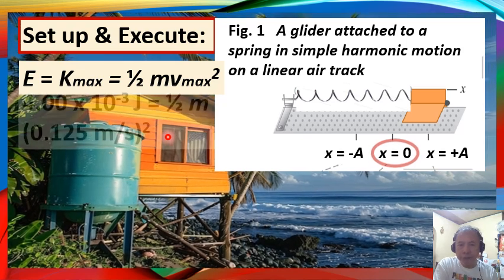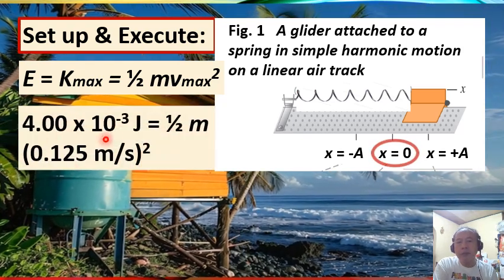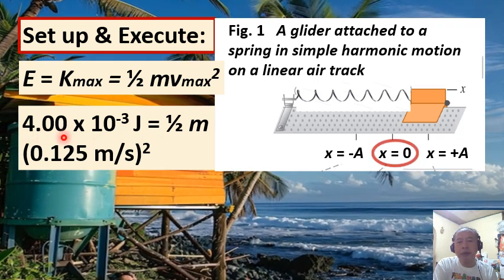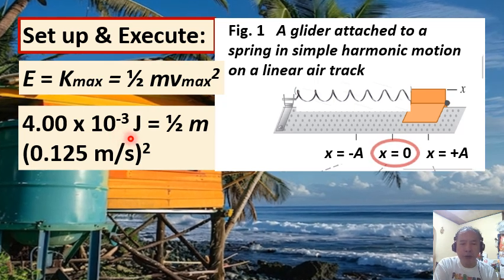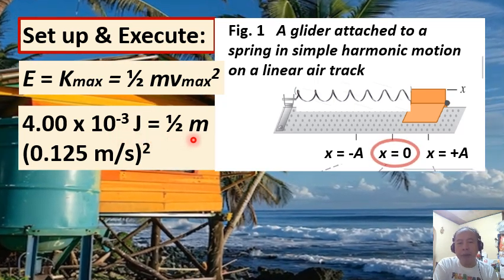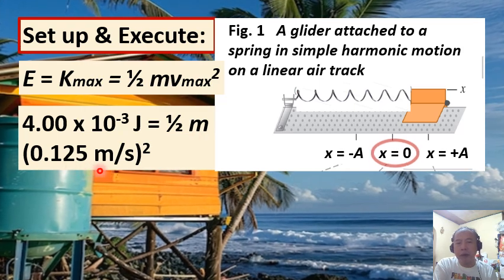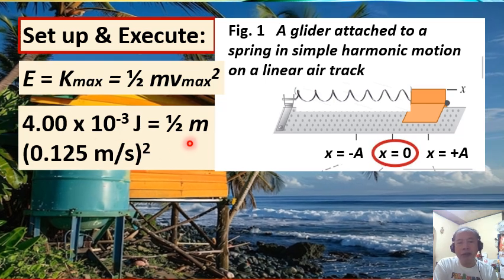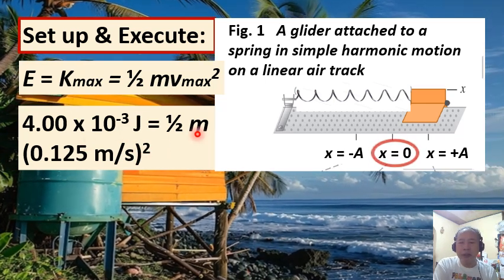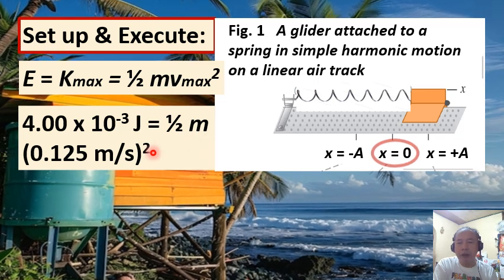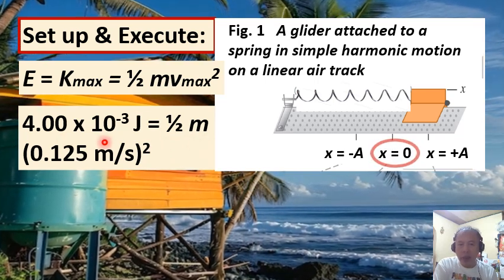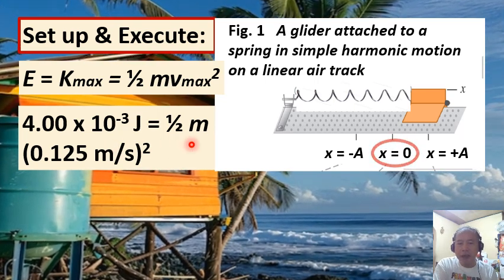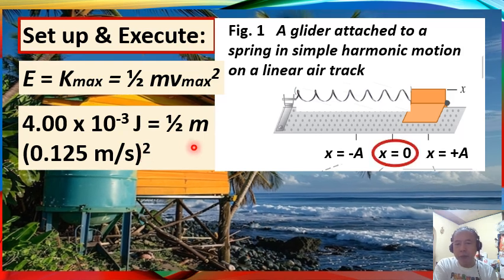So, since the total mechanical energy is equal to 4.00 times 10 to the negative 3 joules, we equate that to 1/2 m times the square of the maximum speed. Our goal here is to determine the mass, small letter m, of the glider. So this is our working equation. All we need to do is isolate small letter m and come up with its working formula.